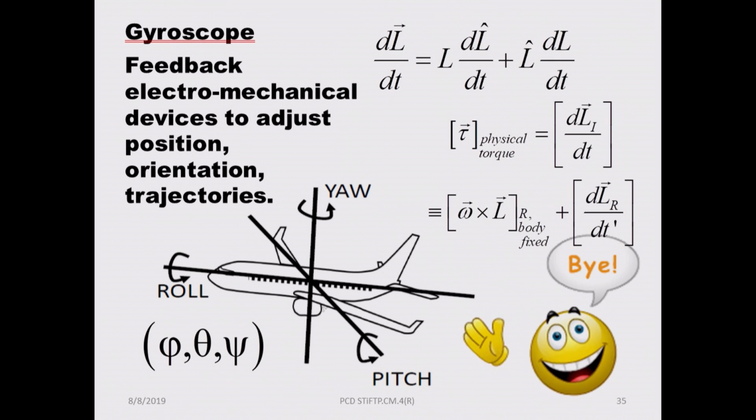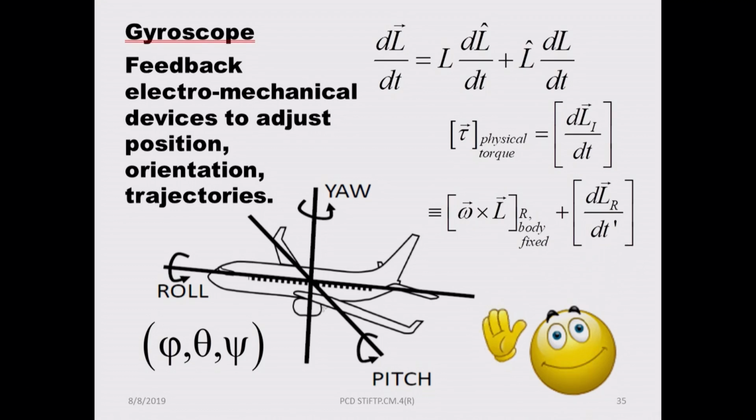That is just the terminology which is used in this context. And all of this is controlled by a good number of gyroscopes which are installed in the plane. They're very sensitive. You change any of these angles even slightly and it will change the angular momentum.